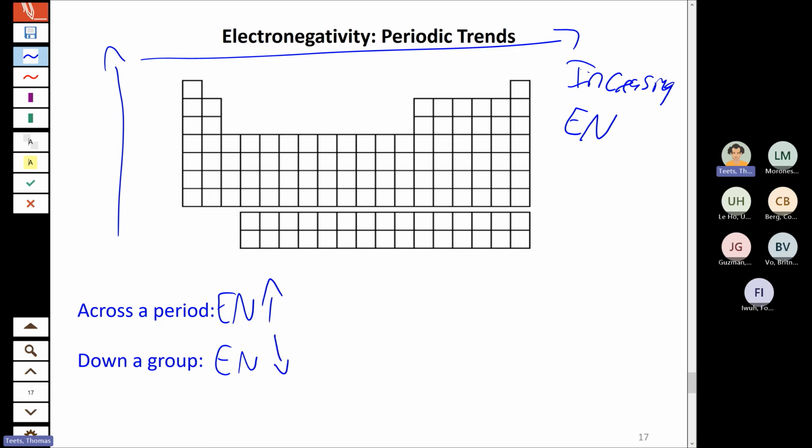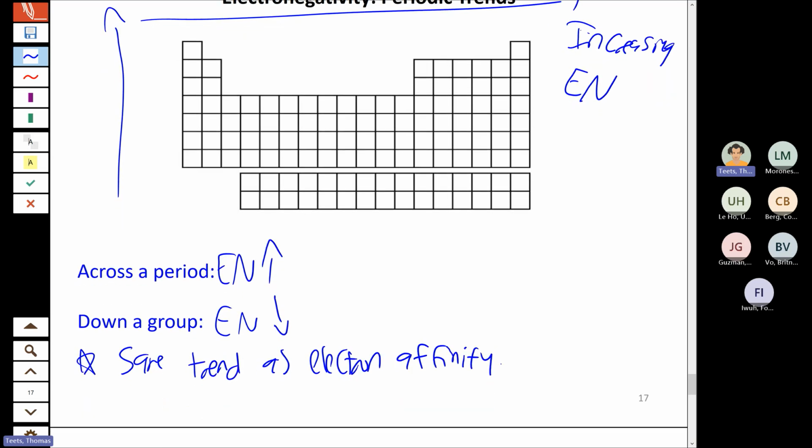So it's going to increase in the opposite direction. And it's the same trend as electron affinity, which it's kind of related to. The nice thing is there's no exceptions we have to worry about. It's a smoother trend, and at least for our purposes, we don't have to worry about any exceptions. There might be some here and there, but nothing that's going to concern us.